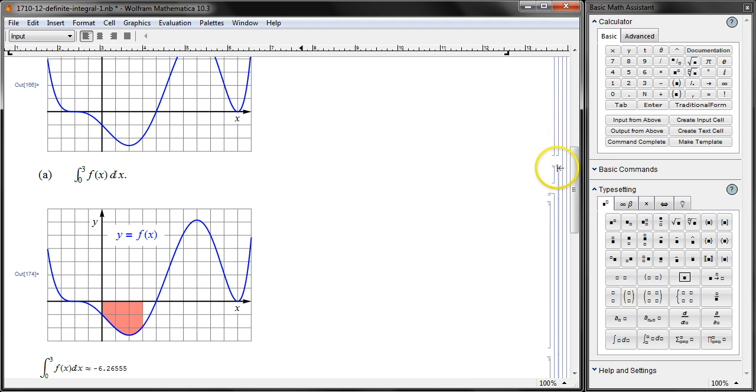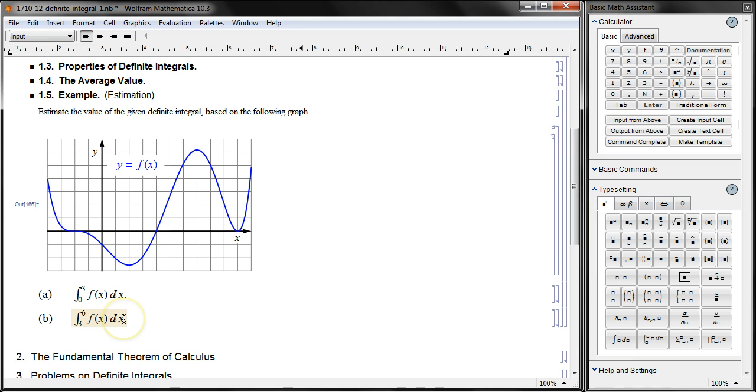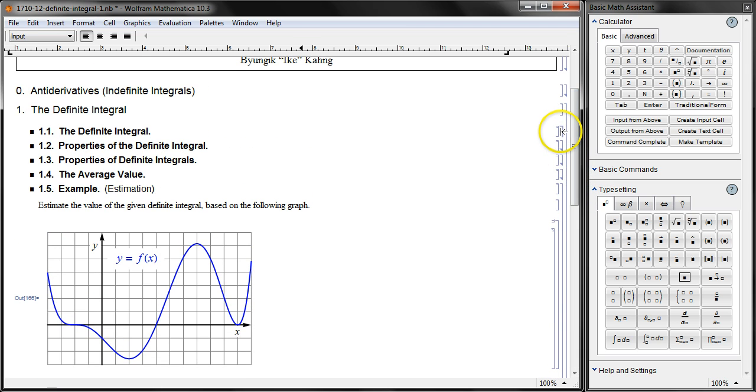Here's another estimation problem. Integral 3 to 6 f of x dx, where's 3 right over here, and then 4, and then 5, 6, some negative part, some positive part, so you'll have to do something like this.